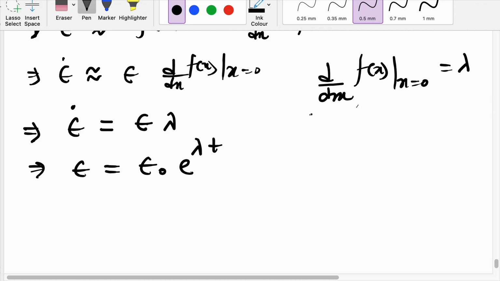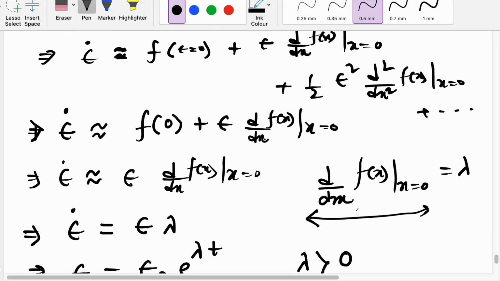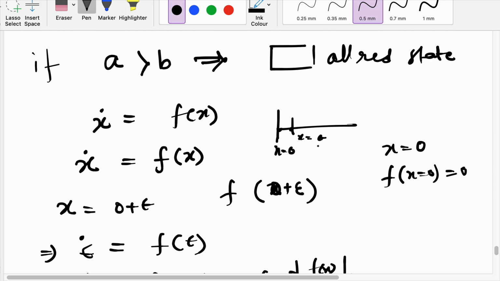Now if you remember, this is the thing that I am calculating by linear stability analysis. If lambda is greater than 0, then from the initial distance we started, it will increase. So if we start at epsilon 0, after some time it will grow, so it is going away from the x equal to 0 point.